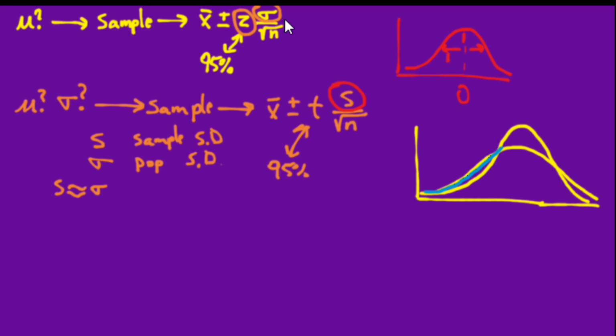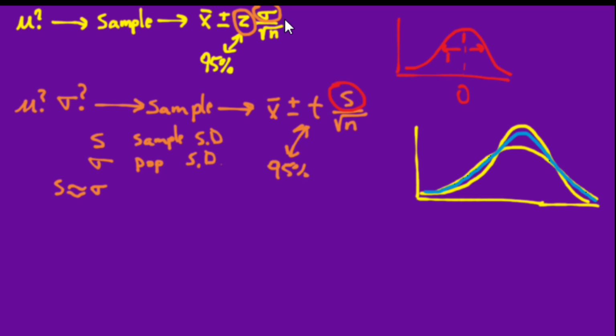We can have many different T distributions here, and each of these is associated with a different sample size. How we pick which T distribution is based on our sample size.